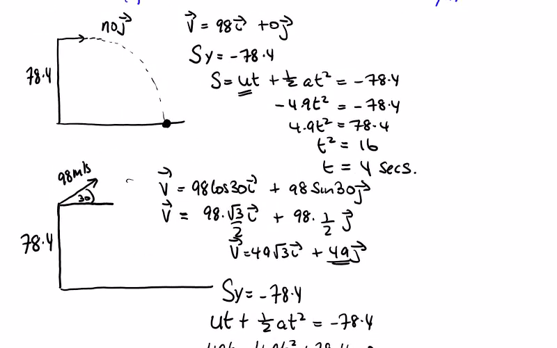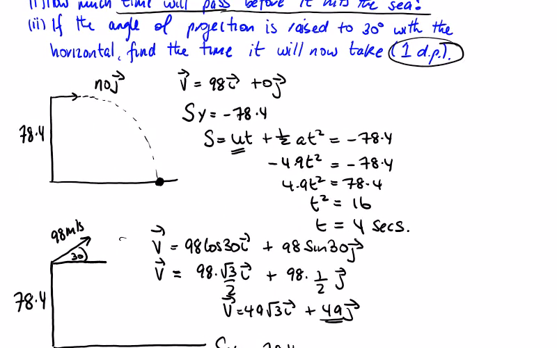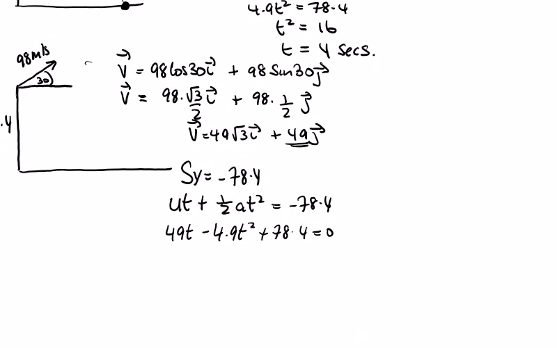Now there's a clue in the question, they tell you one decimal place, so this is definitely the quadratic formula. 4.9t squared minus 49t minus 78.4 is equal to 0. One of them is going to be a minus, one's going to be a plus.